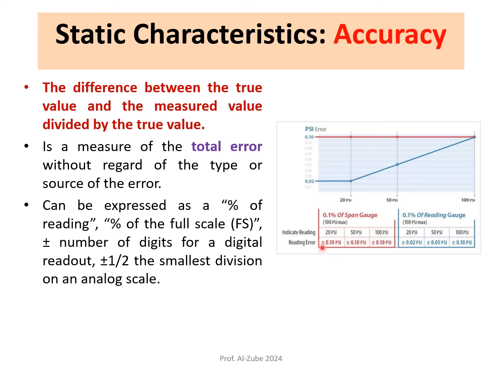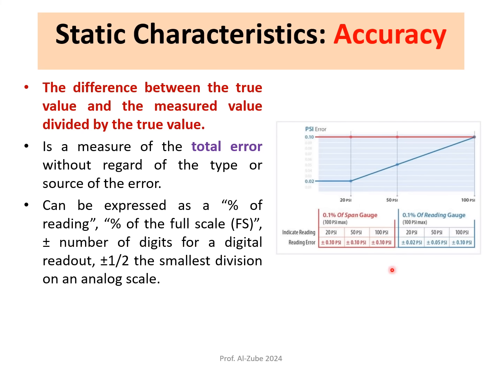So when you look at this, the span gauge is the entire range of readings. Your error over the entire range of reading, if you set the device up that way, is 0.1 percent of reading.